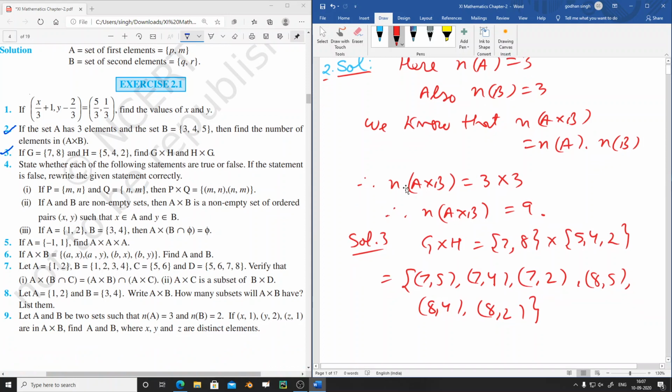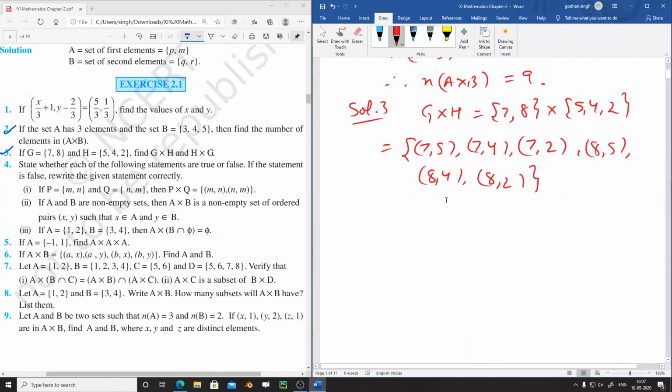Now what is H cross G? In H cross G, we will first write H and then G. H cross G equal to, first we will write down the set H, so set H is here 5, 4, 2, cross the elements of set G, that is 7, 8. So now we will make pairs of (5, 7), (5, 8) first.